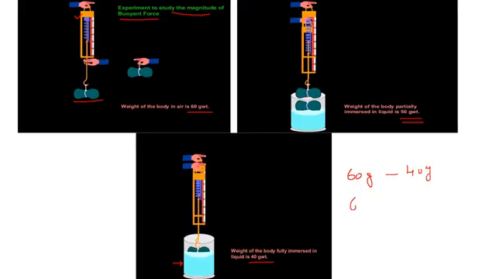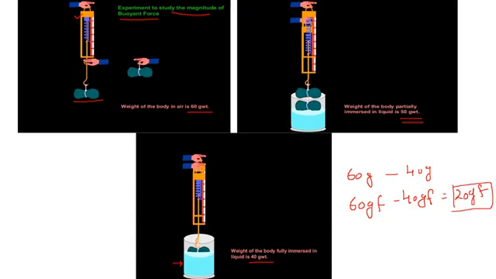To be more appropriate, you can also write 60 gf to 40 gf. Why are we using gf? Because the weight is due to the gravitational pull of Earth, right? That is why. And the apparent loss is about 20 gf, right?